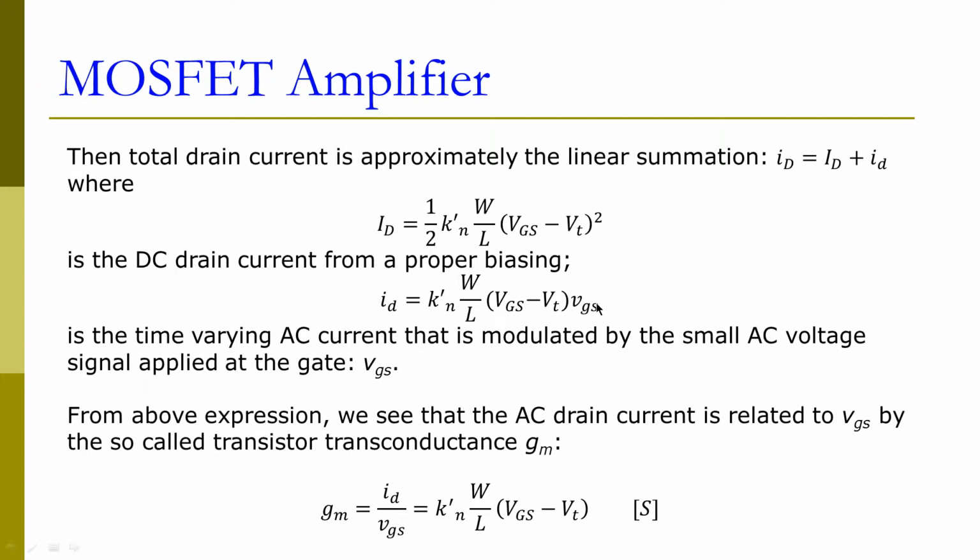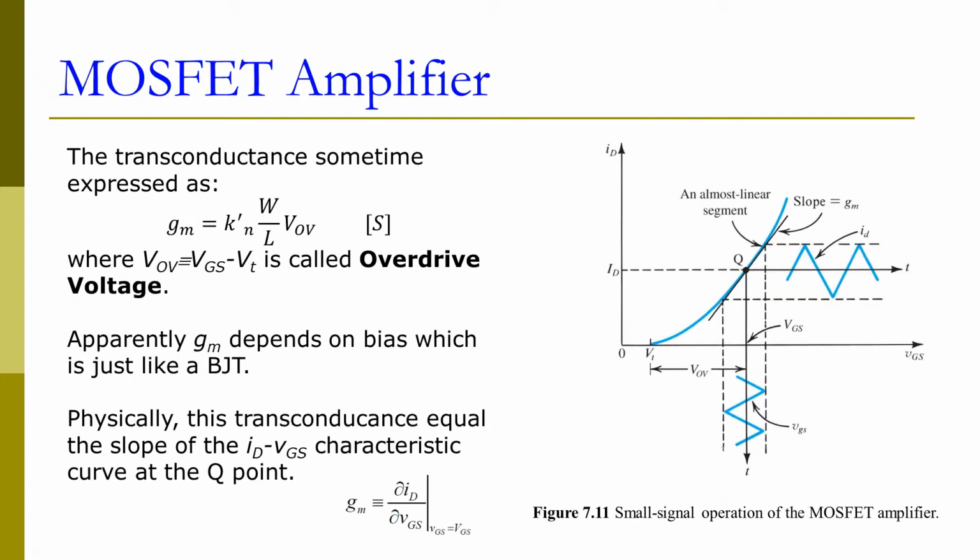From the above expression, we see that the AC drain current is related to vgs by the so-called transconductance gm. We define gm equals Kn prime W divided by L times (VGS minus VT). Remember, VGS minus VT equals VOV, which is the overdrive voltage, and we can express our transconductance gm by this formula here.